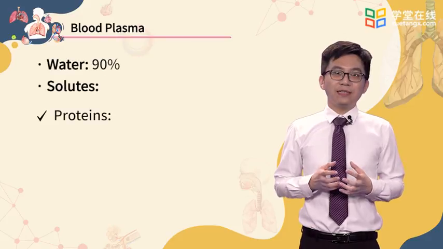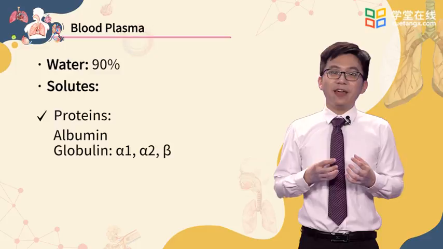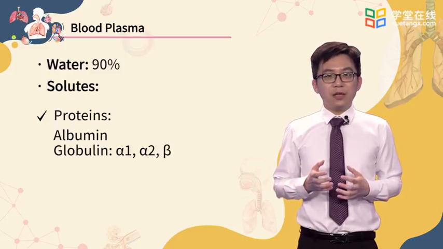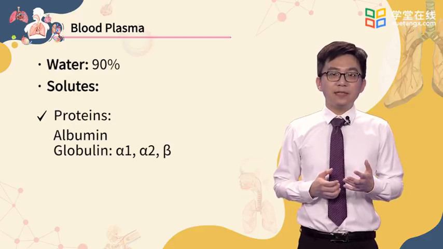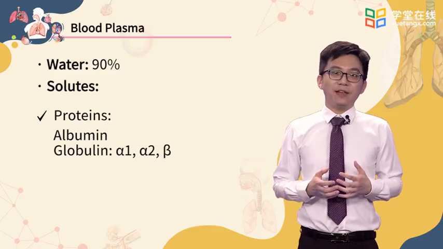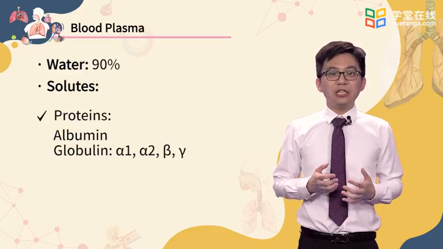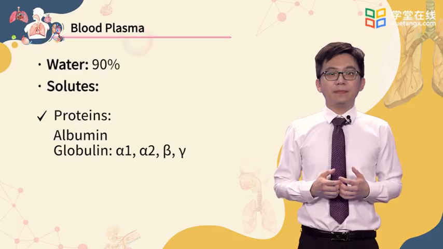Most of these proteins, like albumin and alpha and beta globulins, are made by the liver and do things like balance the osmotic pressure between the blood and surrounding tissues, and transport lipids and ions. Others provide defense for you, like the gamma globulin antibodies that are released by plasma cells during an immune response.